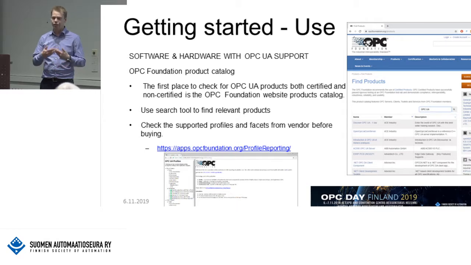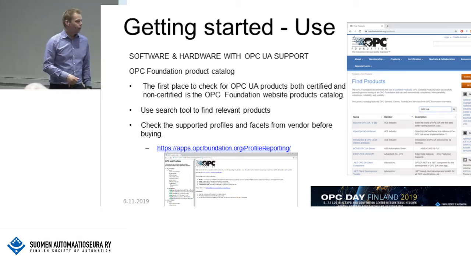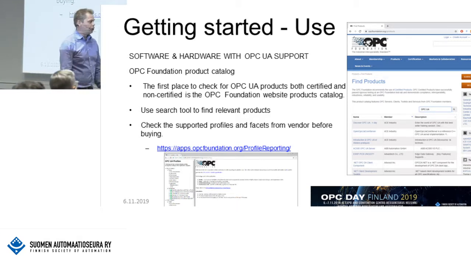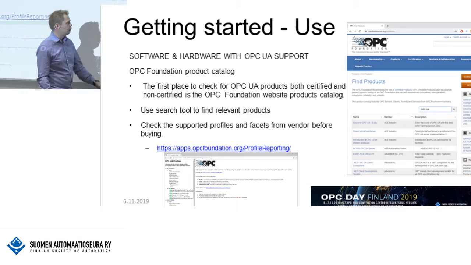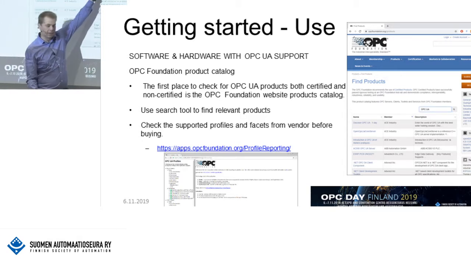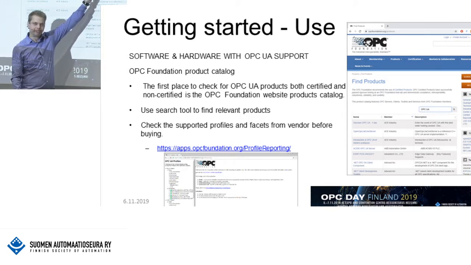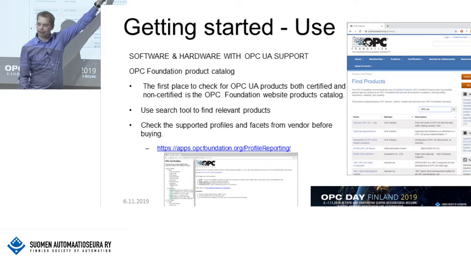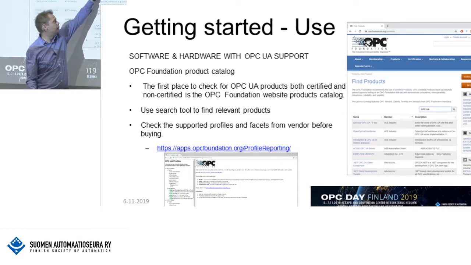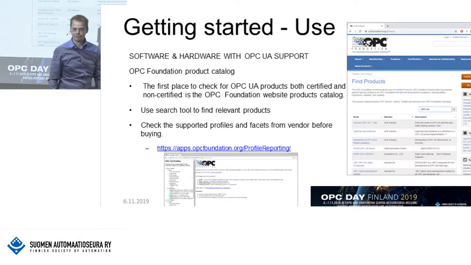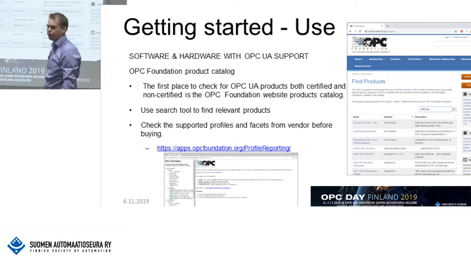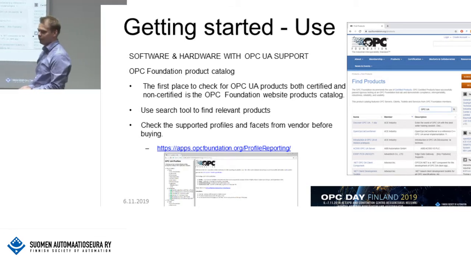Of course, the vendors need to add their products to this listing. And then there is a search tool. So if you are looking for, let's say, Modbus gateways, then you of course write Modbus here, and it will filter the products that support Modbus at least in some way.